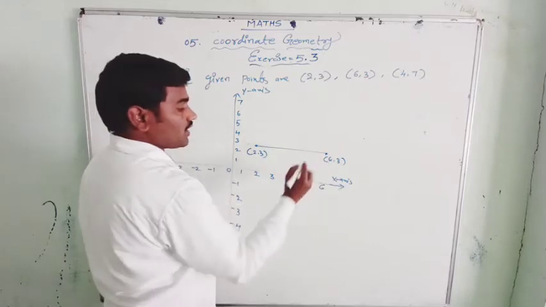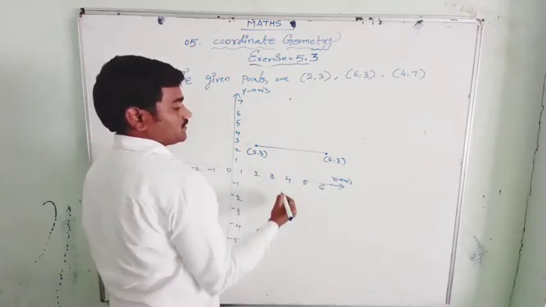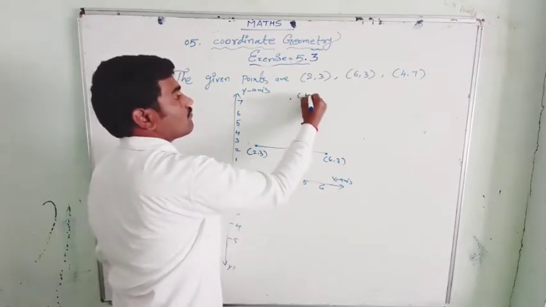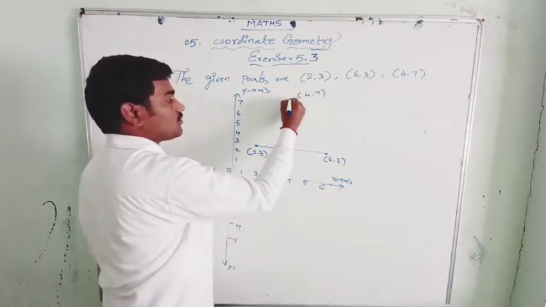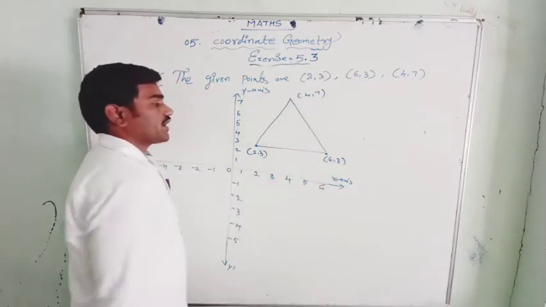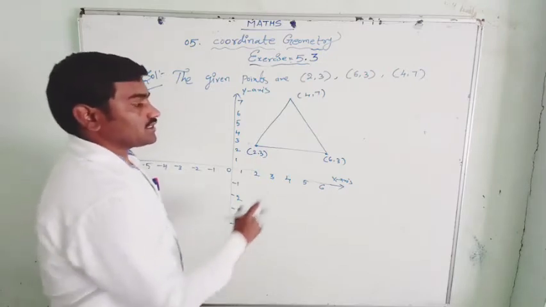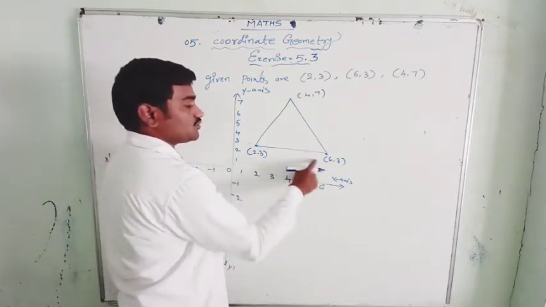Next 4, 7. 4 and 7. We get it here. Yes, 4, 7. Let's join these points. We got a triangle. So let's see the distance between these two.